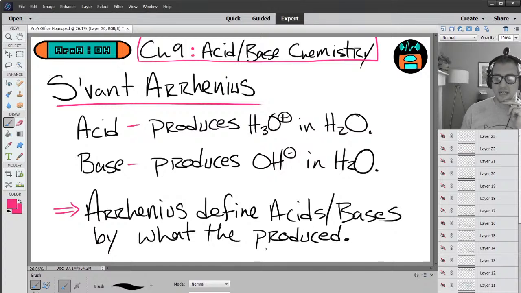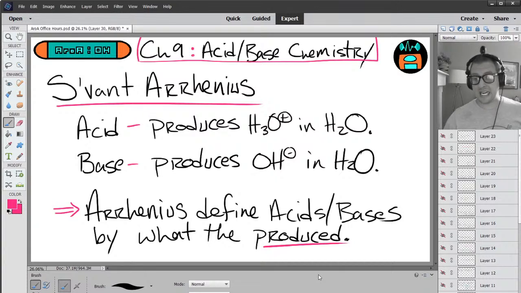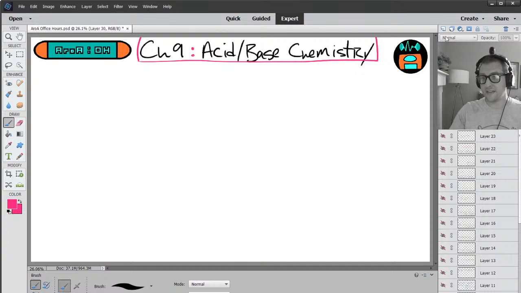All right, he defined acids and bases by what they produced, but that is not the only thing you can look at. And our next definition, and our next scientist team will come up with a definition of acids and bases that define them not based on what they produce, but based on their reactivity. All right, so we'll see that distinction, that difference, in our next definition, which is the Bronsted-Lowry definition.